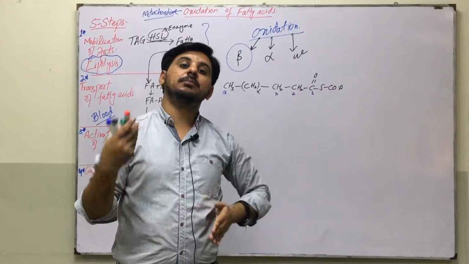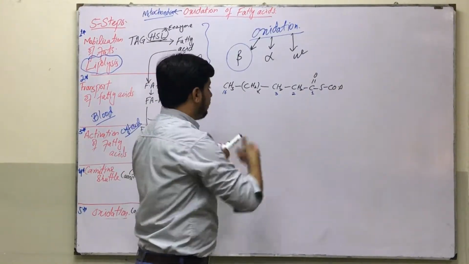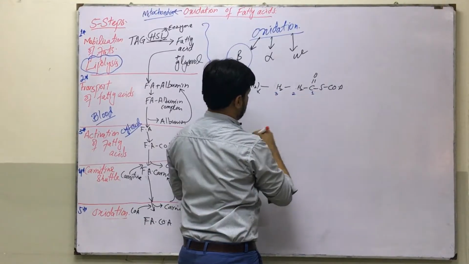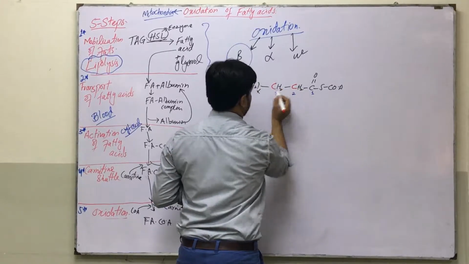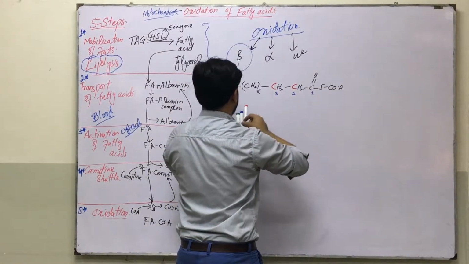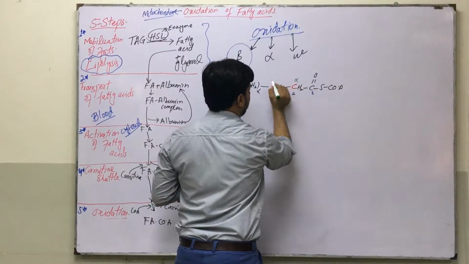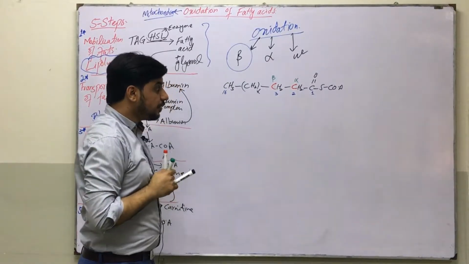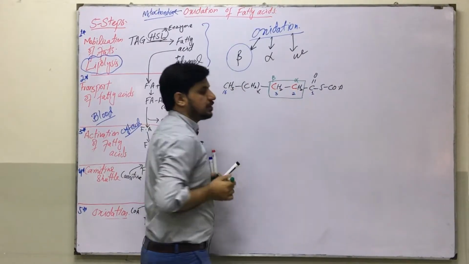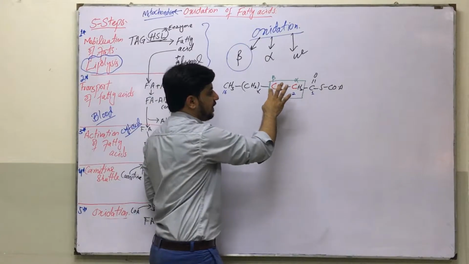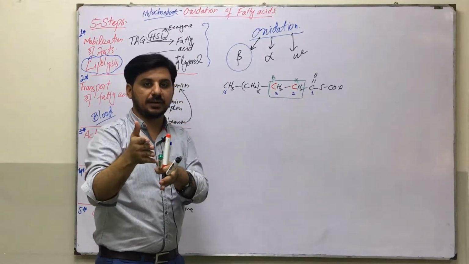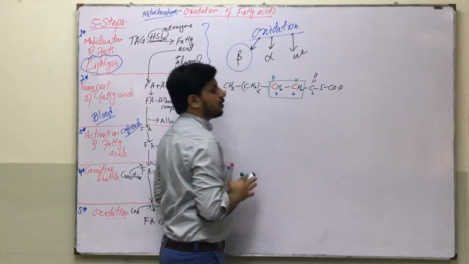For example, this is the carbonyl carbon, and next to the carbonyl carbon are the alpha carbon and beta carbon. The splitting will be at this point. Because the splitting takes place at the beta carbon, this process is named beta oxidation.